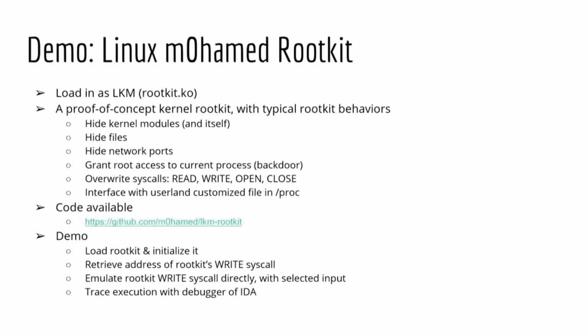And in the demo, we emulate this write system call directly with some selected input, and we trace all the activities of this rootkit with the debugger IDE. So here I have the video demo.